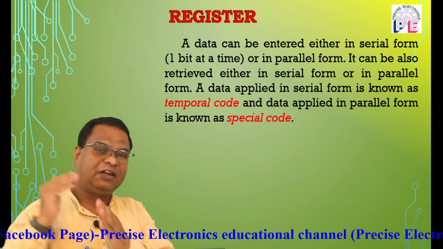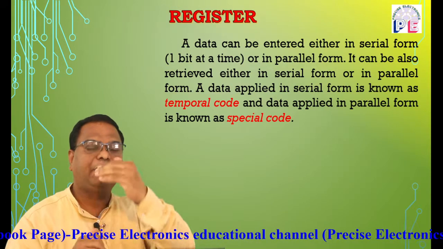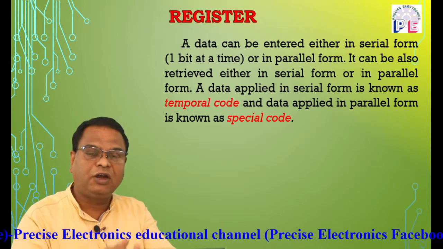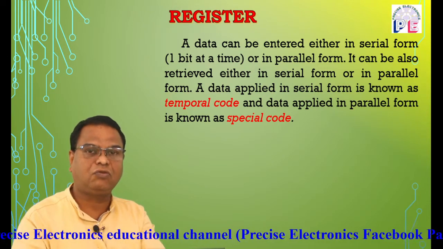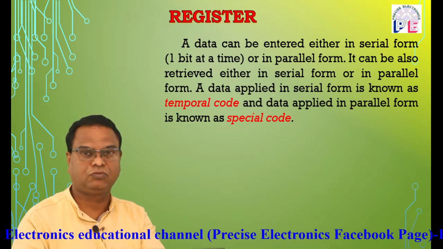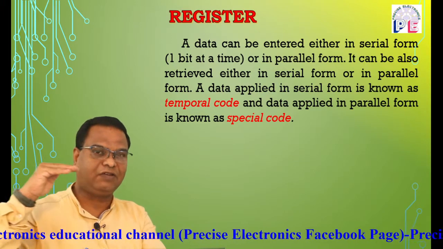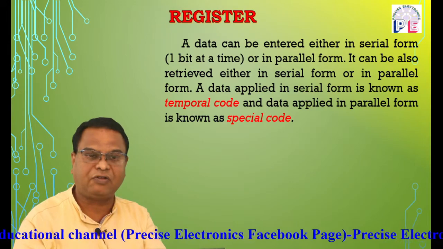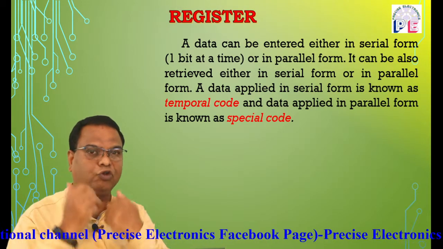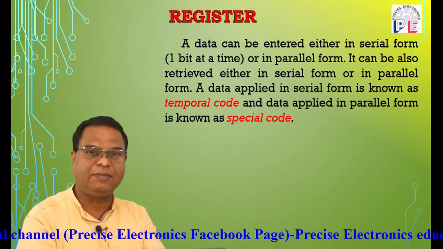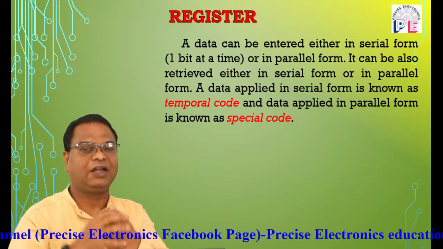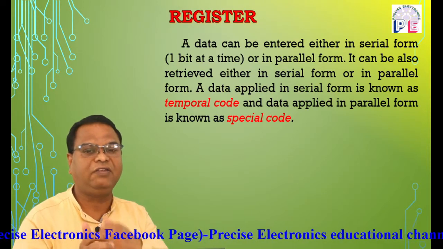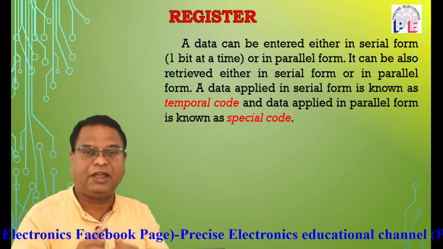The data entered in serial or parallel form can also be retrieved, so the output is also taken out in serial form or in parallel form, one bit at a time or all the data at a time.